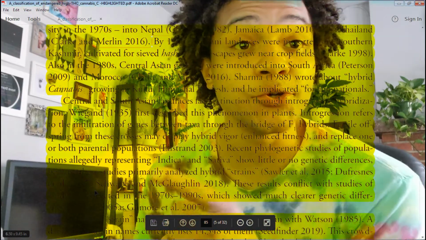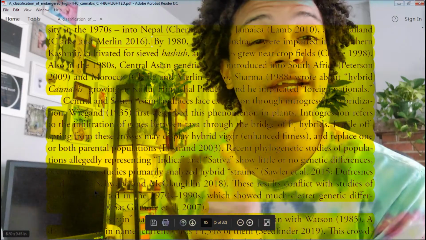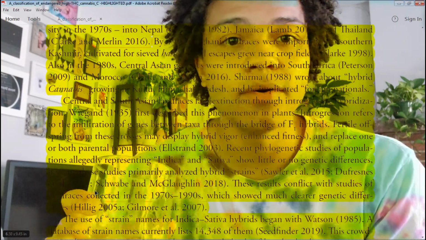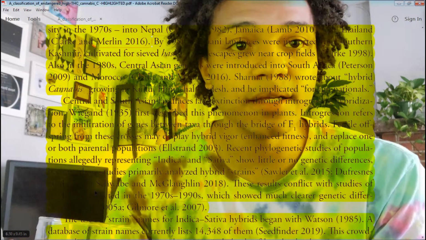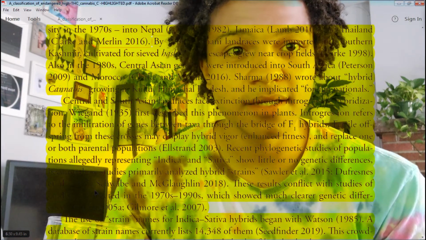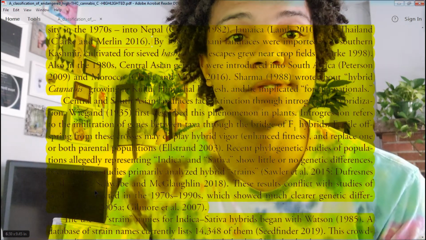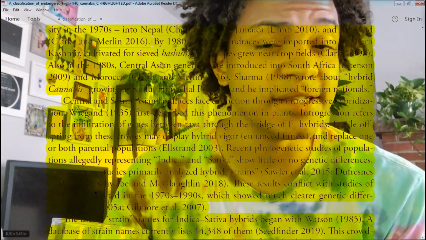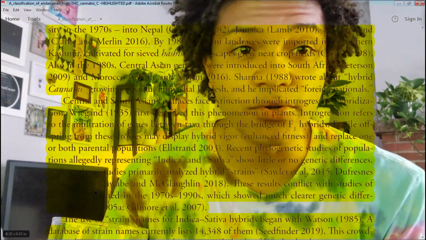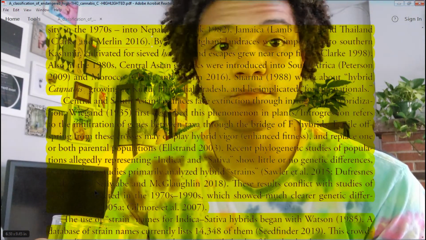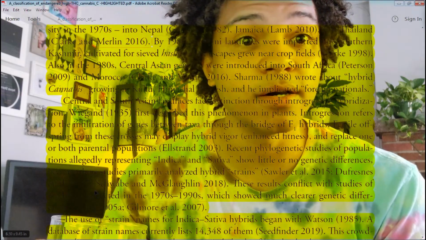This is why preserving your heirlooms and inbred lines is important as well, because we don't have to go far back. We can still have the hybrids that we love today, but we have to have them in their purest form. So your Northern Lights, your Haze, your Colombian Gold, your Panama Red, I don't know.